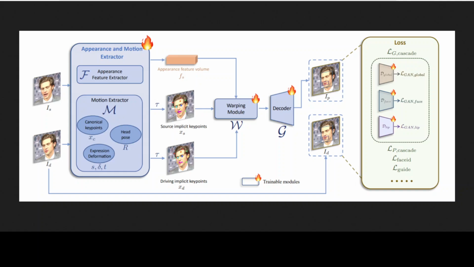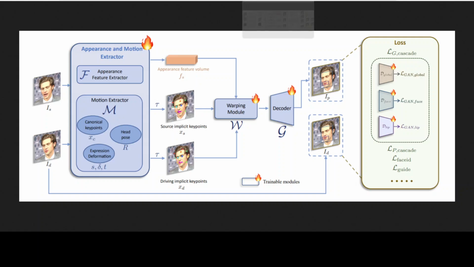And then they used a unified model, as you can see on your screen, for canonical implicit keypoint detection, head pose estimation, and expression deformation estimation. And then they introduced a scale vector to the motion transformation to improve training difficulty. And then lastly, in this first stage, they used a combination of losses, including perceptual, GAN, and face ID losses to improve texture quality and preserve identity.